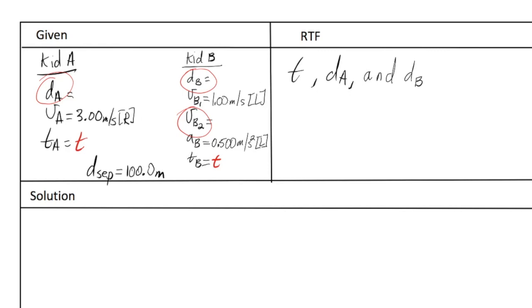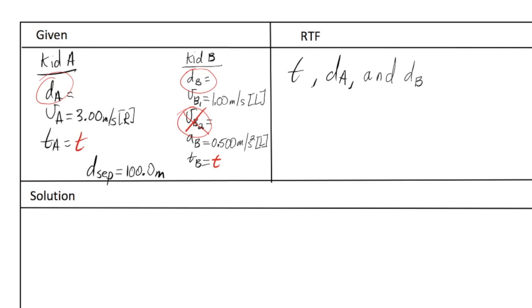So we know that there's actually a relationship between the two distances. So the big clue is, since we have information about distance, that is not the variable that we want to eliminate. So the variable we're going to eliminate is VB2 because there is no connection to anything else in this question.